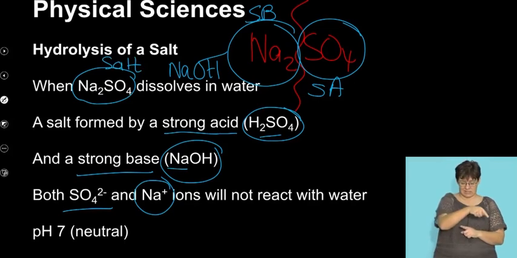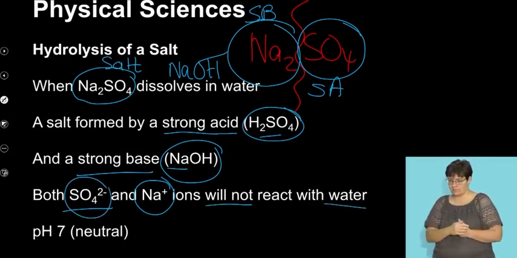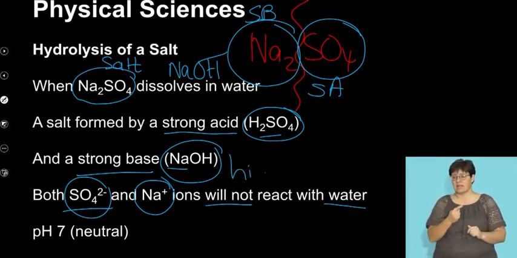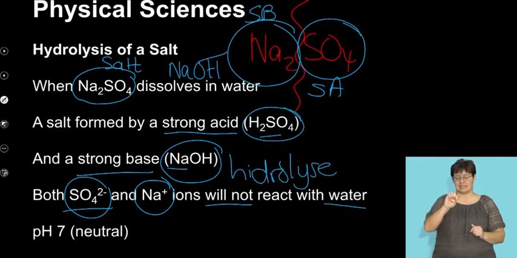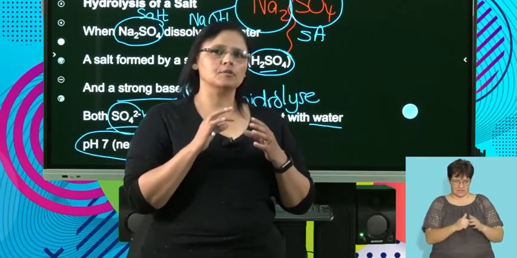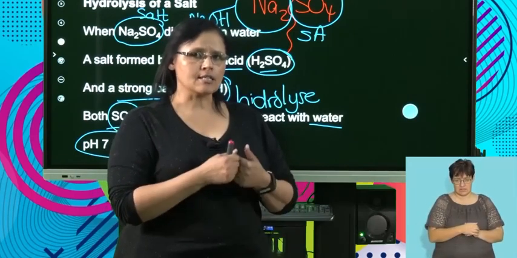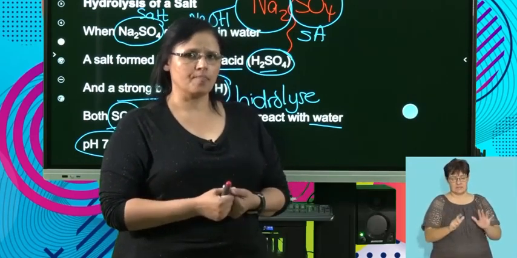Both of them will not react with water. And if they don't react with water, we say they do not hydrolyze, which means they are coming from a salt that's neutral. And a neutral salt has got a pH of 7.